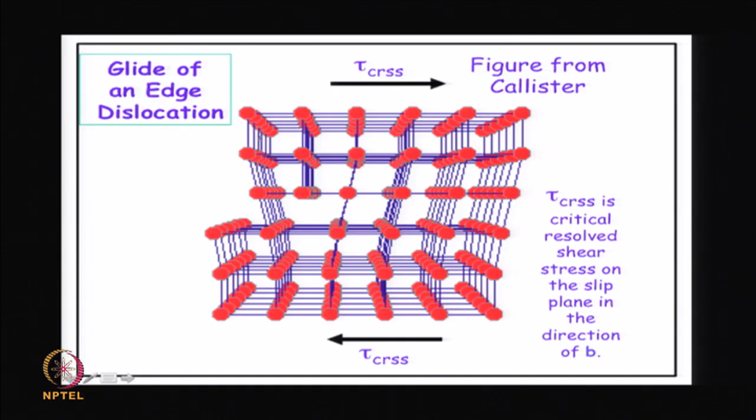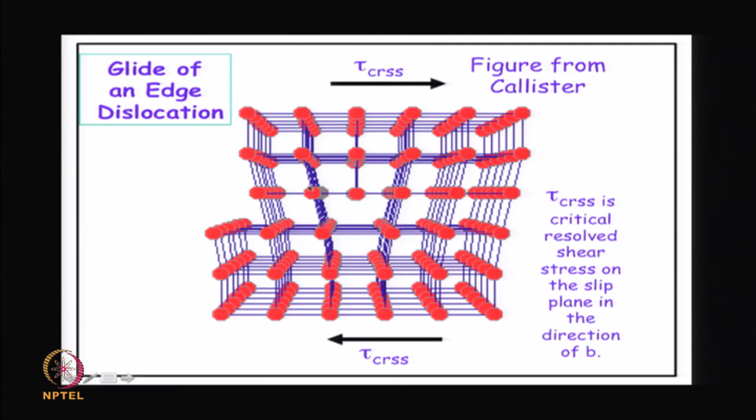So, currently the second plane from the top is the half plane, and the dislocation line is the bottom end of the second plane. But as I move, the bonds get connected here. So, we have a continuous plane now as the second plane, and the half plane has shifted to the third plane. You can see that physically the half plane has not moved.